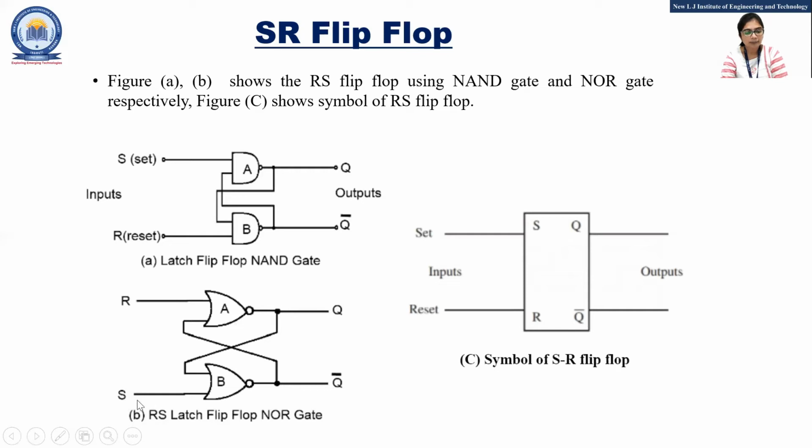Now figure B shows the RS flip-flop using NOR gate. Here the function will be similar, means the connections will be similar: the output of NOR gate A we are applying to one of the inputs of NOR gate B, and the output of NOR gate B we are applying to one of the inputs of NOR gate A. Again 2 inputs are there and 2 outputs are there, Q and Q dash.